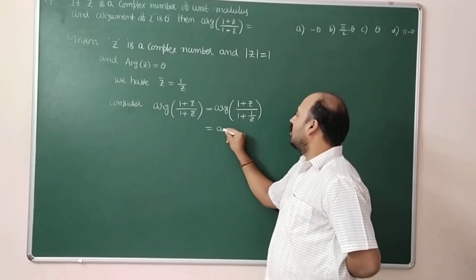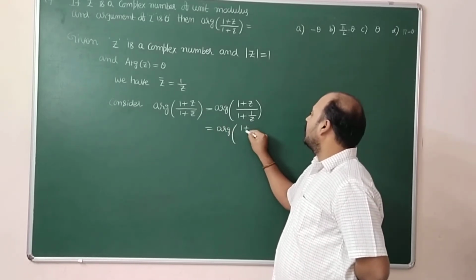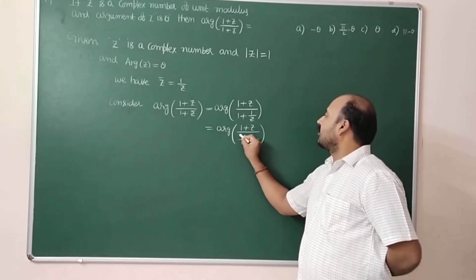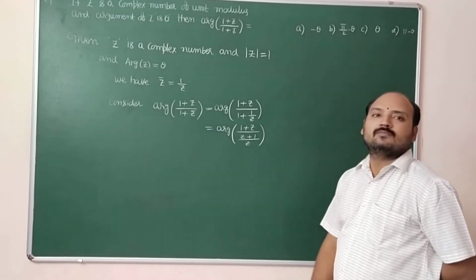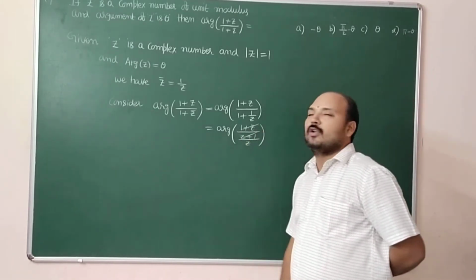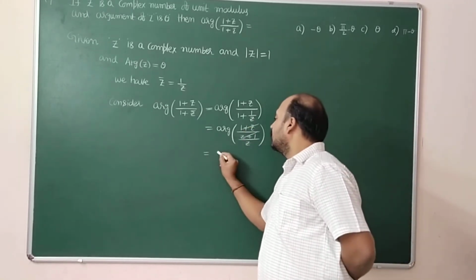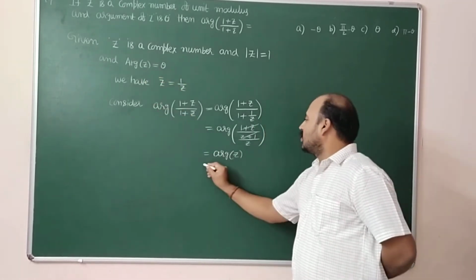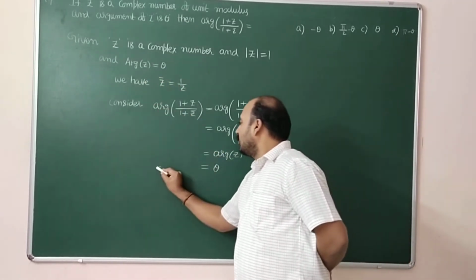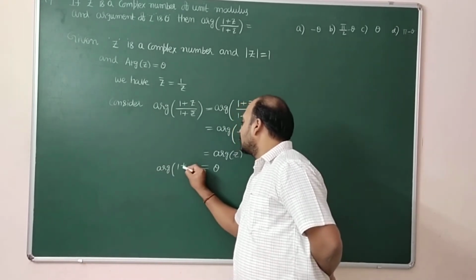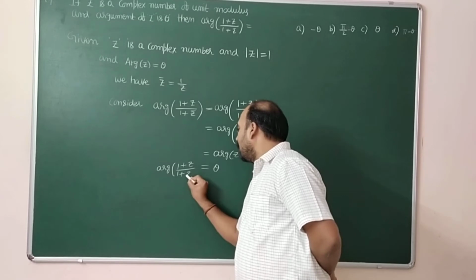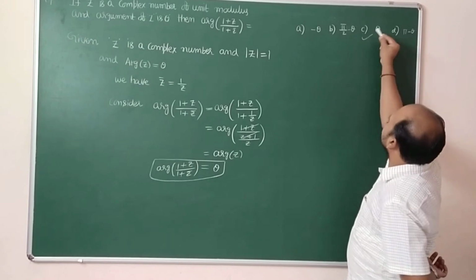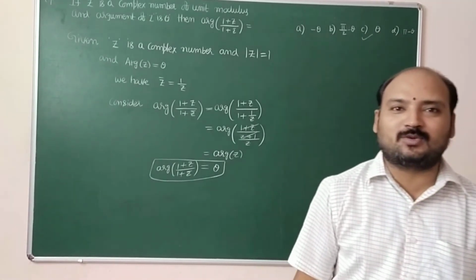Which is equal to argument of z, 1 plus z divided by, taking LCM here, z plus 1. So the numerator and denominator will be cancelled, leaving argument of z. What is argument of z? It is given as theta. So therefore argument of 1 plus z divided by 1 plus z bar is equal to theta. So it is there in the third option. We will move to the next question now.